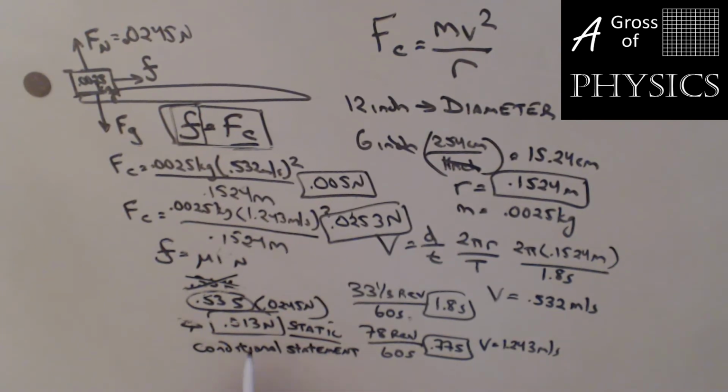All right, let's look at this. If we have the maximum static friction to be 0.013 newtons, the first speed is under that. The second speed is over that.